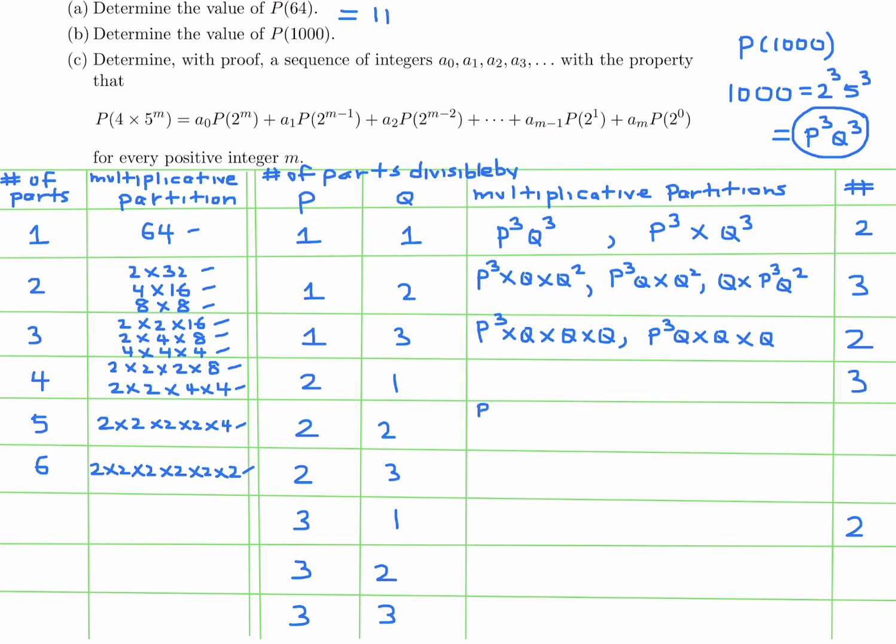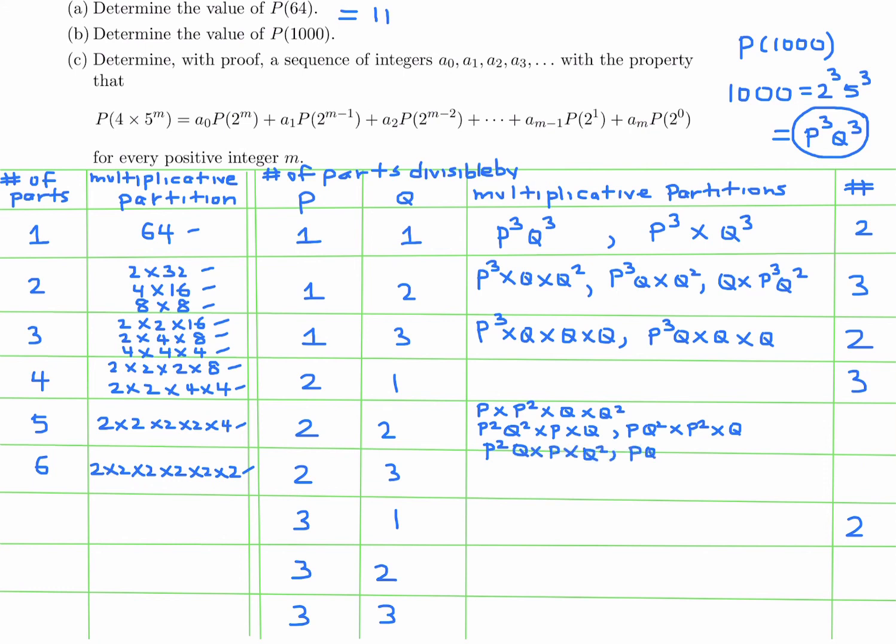We're going to have p times p squared times q squared. There's one of those. And then we have p squared q squared times p times q. And then we're going to have p q squared times p squared times q. And then p squared q times p times q squared.